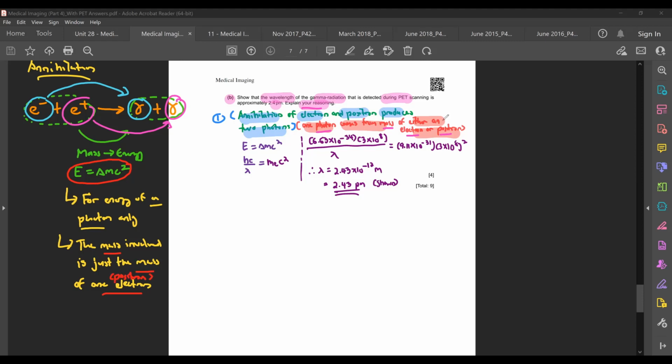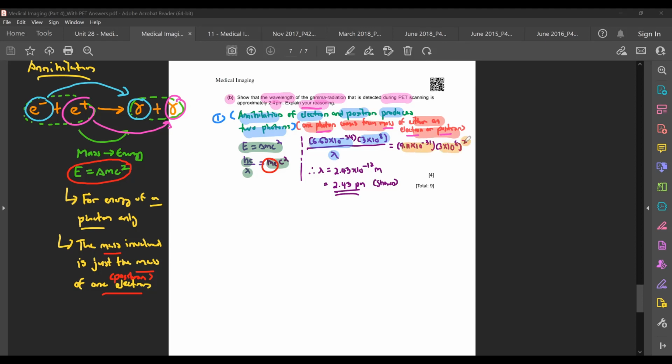All right. So here, if you use E equals delta mc squared, your E is hc over lambda. This is energy of photon. The delta mc squared, your mass change, is just the mass of one electron. So from there, all you're left to do is to sub in all the values. Planck constant times speed of light divided by wavelength equals mass of electron times speed of light squared.